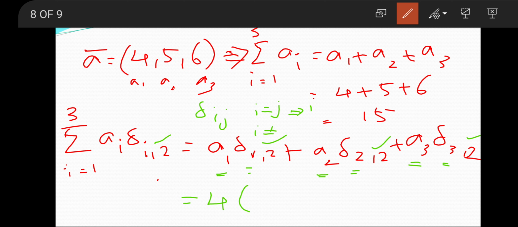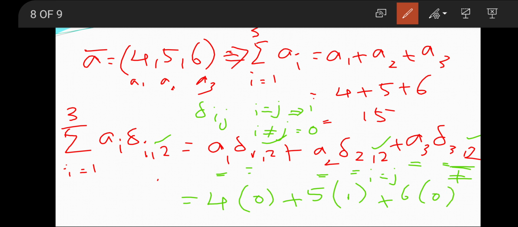If i not equal to j, it becomes 0. Therefore 1 and 2, 1 is not equal to 2, so this becomes 0, plus a2 value is 5, and for 2 comma 2, i equal to j, therefore the value becomes 1, plus a3 value is 6 into delta 3 comma 2, which is not equal, therefore 0. Now the resultant value becomes 5.